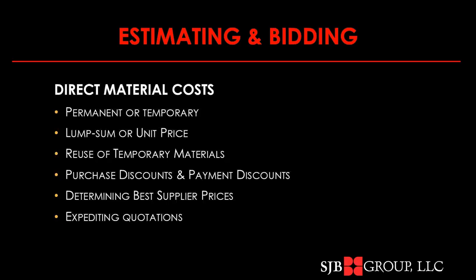We need to look for any purchase discounts and payment discounts from our suppliers. We need to determine a way to evaluate our suppliers' and subcontractors' quotations. And we also need to find ways to expedite those quotations, to go get the quote when they don't find you before, as you're pulling together your estimate.